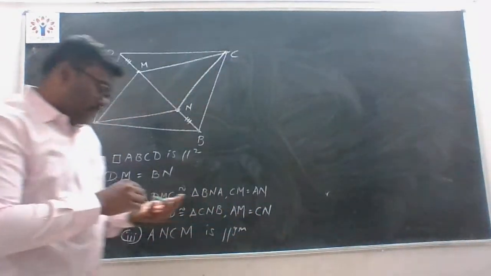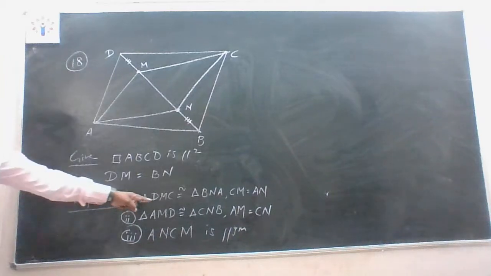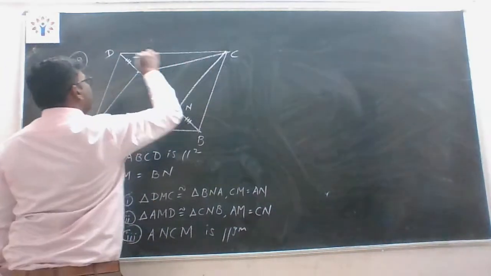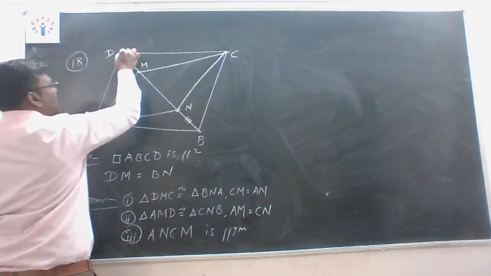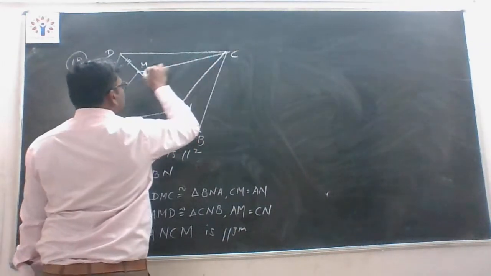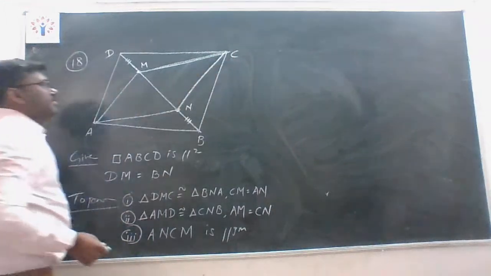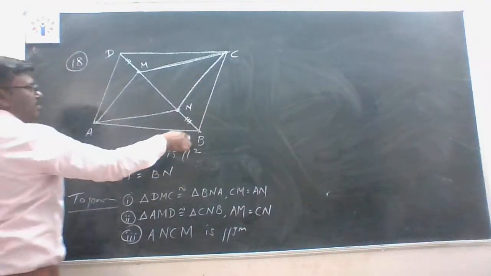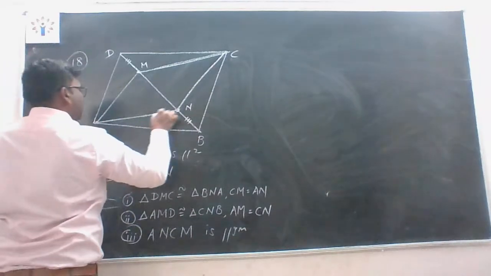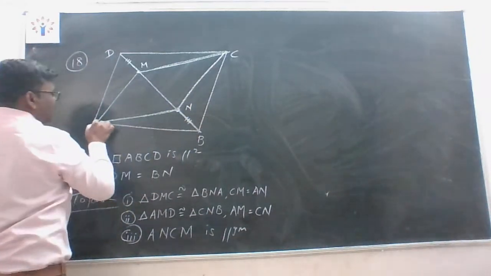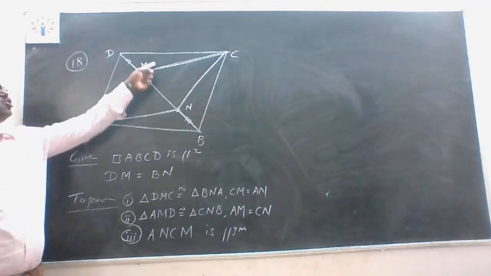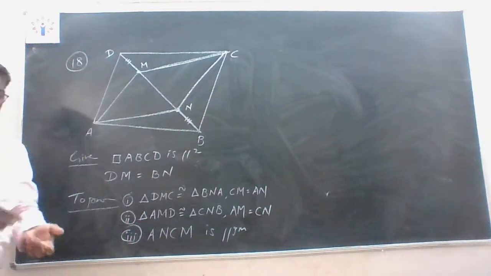Let us focus on the first part. This is the triangle DMC, and this is the triangle BNA. We want to show that these two triangles are congruent.